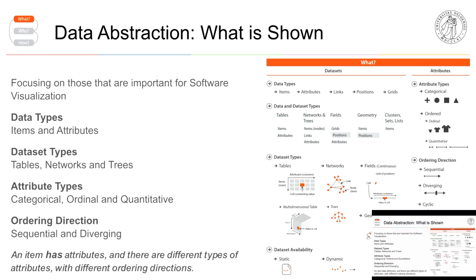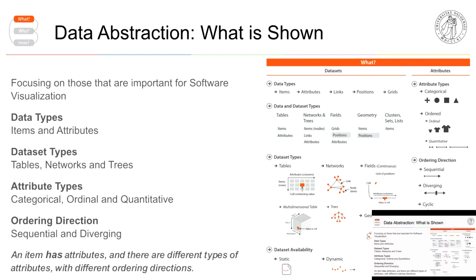So starting with data abstraction. So let's say you have done your domain problem characterization. Now you need to figure out what data you need for your visualization. So in the data abstraction part, we need to first of all figure out the data types. So this would be items and attributes.